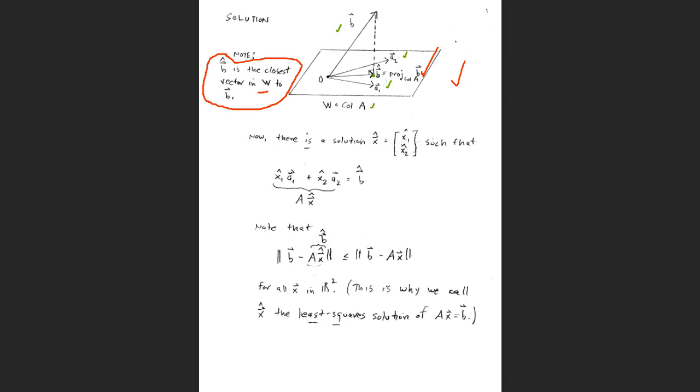Is there any other point in the column space of the matrix A whose distance is as close to the vector B as is the projection vector?